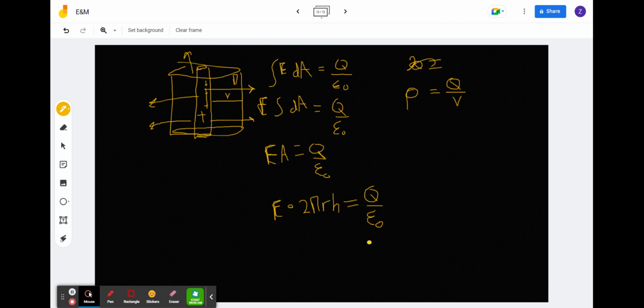So we can write this as E equal to Q over 2 pi r h epsilon naught. And we can also put Q in terms of the volumetric charge density. So Q is equal to rho V over 2 pi r h epsilon naught, where V is pi R squared H, because that's the volume of a cylinder.